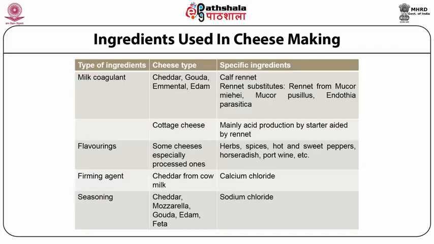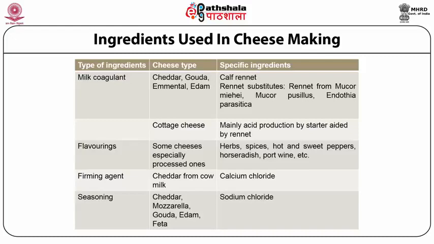You can use the rennet obtained from molds like Mucor miehei, Mucor pusillus and Endothia parasitica. These rennet substitutes act as good as what you used to get with the calf rennet.